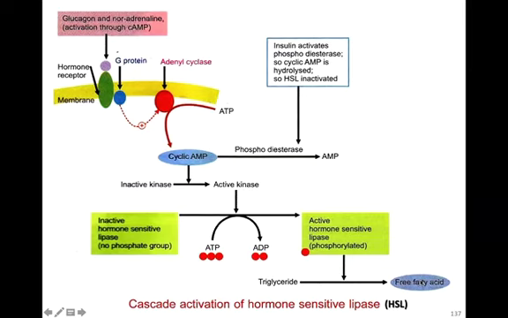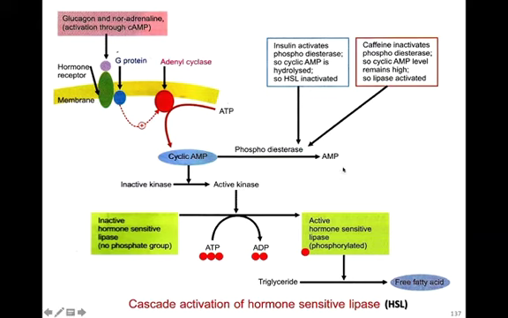And that's why it's obvious that the insulin inactivates the hormone sensitive lipase. So actually this slide explains the cascade reaction that leads to the activation of the hormone sensitive lipase that leads by the end to the formation of free fatty acids.